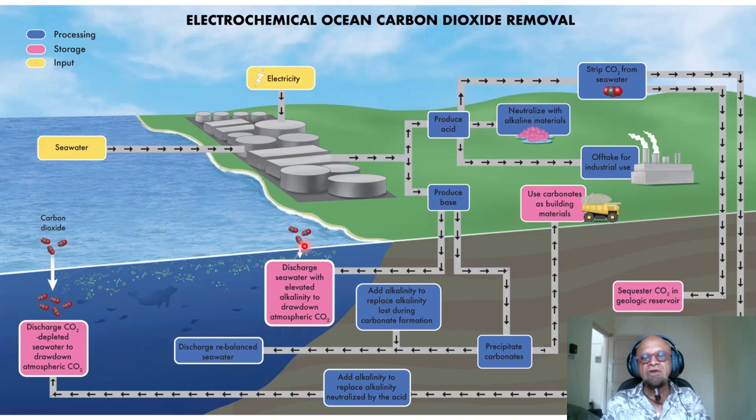I'm not sure these are meant to say where they are released, but just schematically they are released into the water, typically coastal waters I suspect, with elevated alkalinity to draw down atmospheric CO2. So the message is alkalinity, it's not just pH.